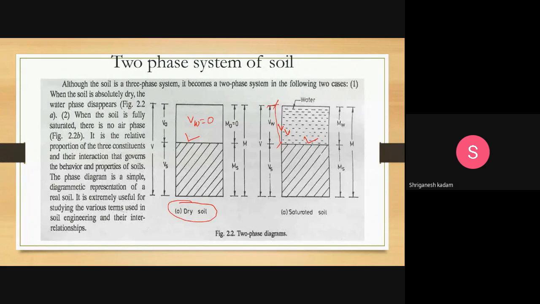Okay, volume of void here equal to volume of water. Then we can say that the degree of saturation SR equal to 1. So SR equal to, we know, volume of water divided by volume of void, but here volume of void equal to volume of water, and it is equal to 1.